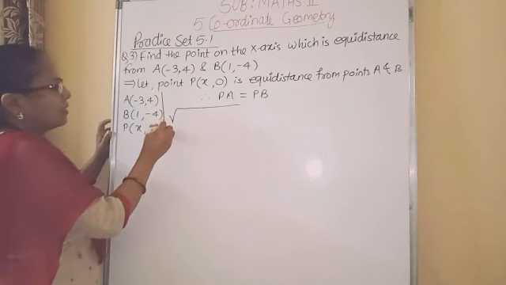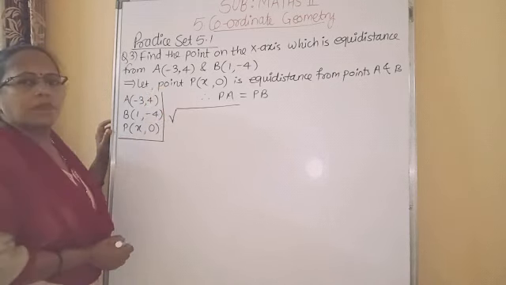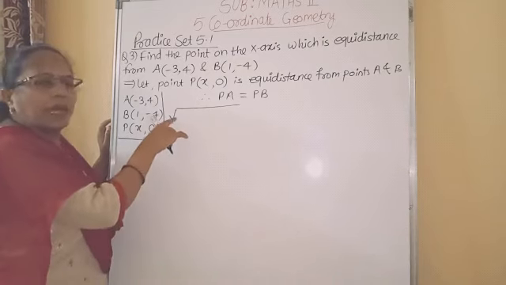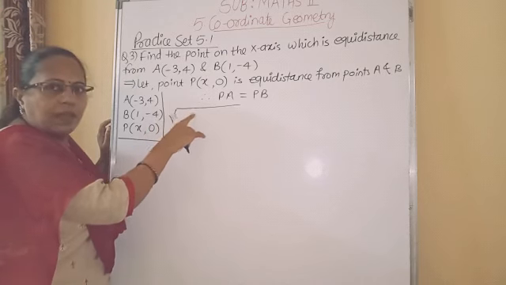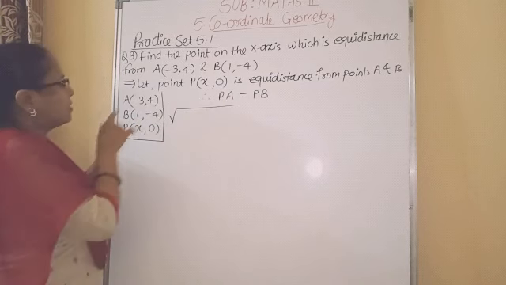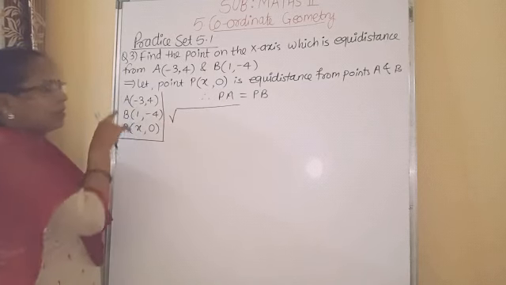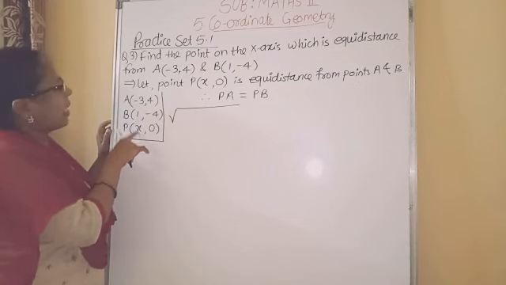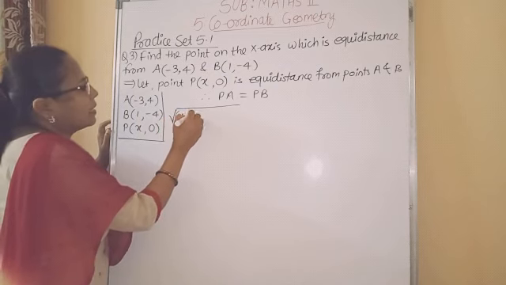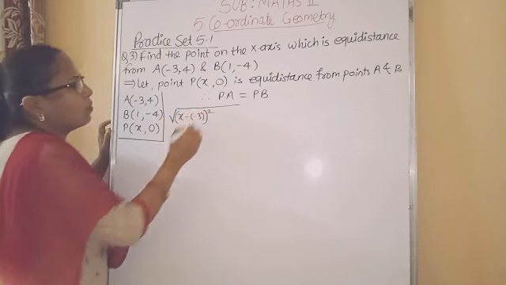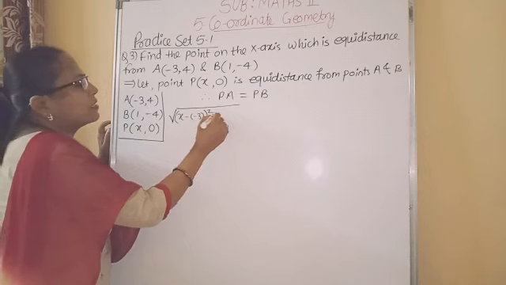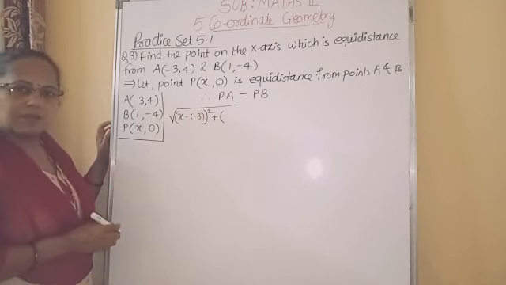These points we will write here separate. Now we know the distance formula, square root of x2 minus x1 square plus y2 minus y1 square. Now we have to find out PA distance, PA. So here x2 is x and x1 is -3. So x minus -3 the whole square, x2 minus x1 square plus y2 minus y1 square.